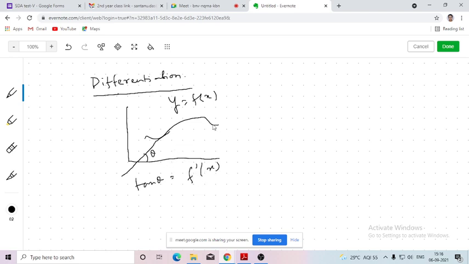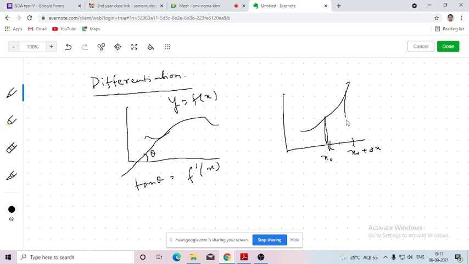Geometrically, what do we mean? If we need to differentiate at this point, then we take an interval around that point. If this is x0, and this nearby point is x0 plus delta x, that means we are taking a small increment on the right hand side.